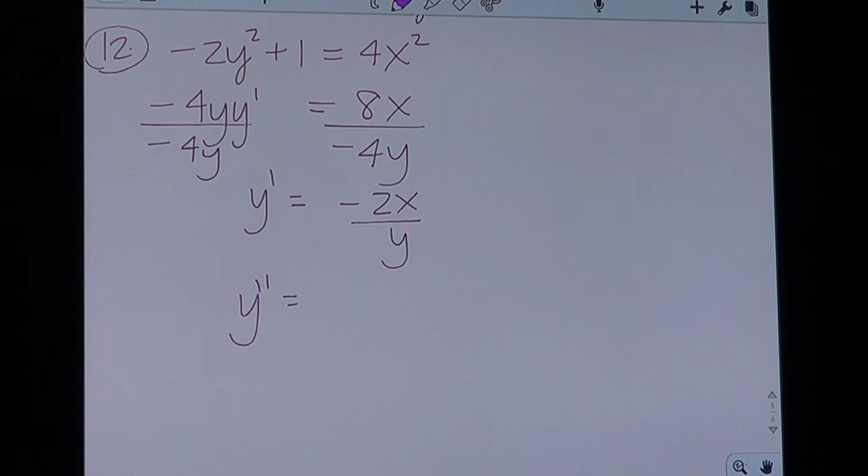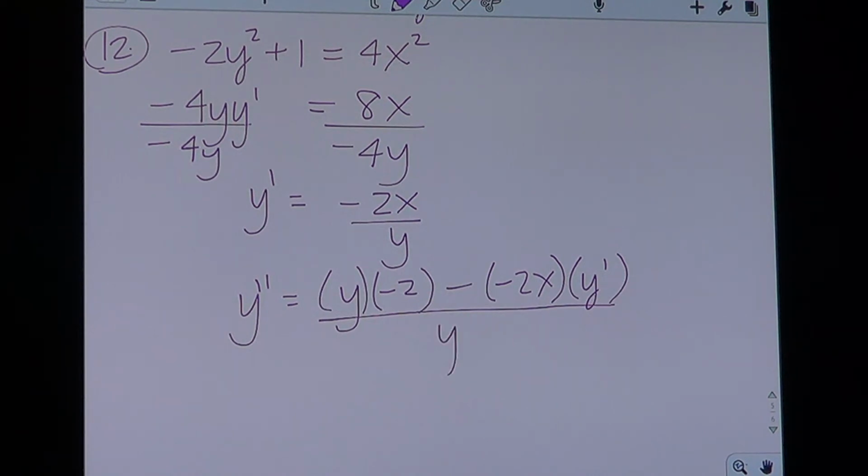So again, we have to do bottom times the derivative of the top, which is negative 2, minus top times the derivative of the bottom, which is y prime, all over y squared.